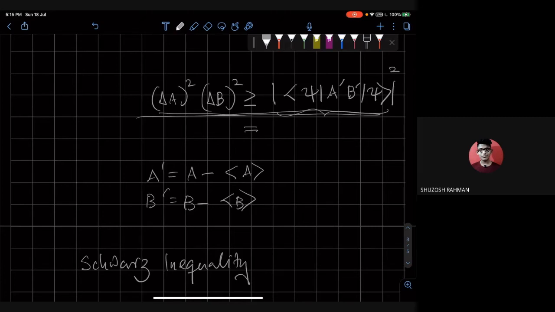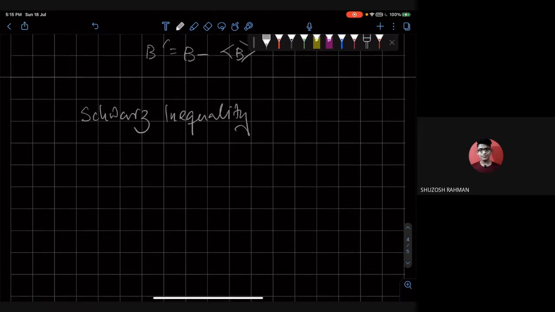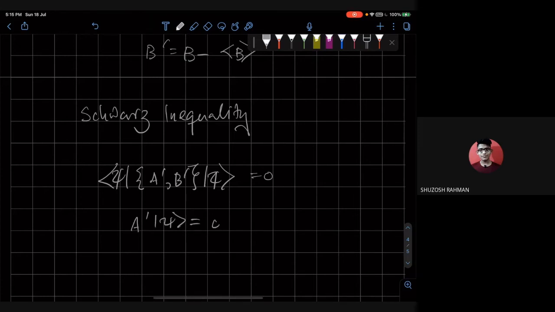Hang on. Okay, so I'd like you to revisit Schwarz's inequality and show that this is saturated when the anti-commutator is 0, and the commutator doesn't have to be 0. A weaker condition is that this is true for some value of C.